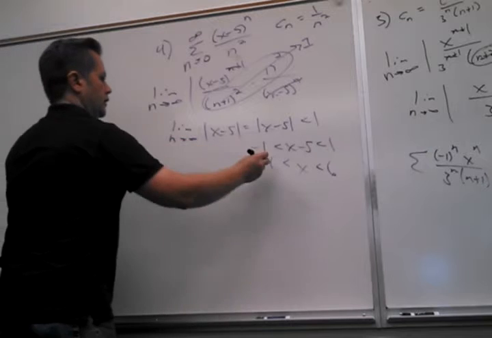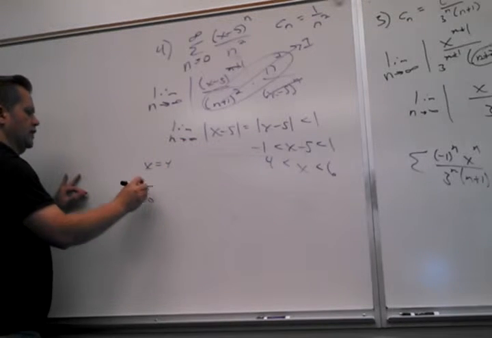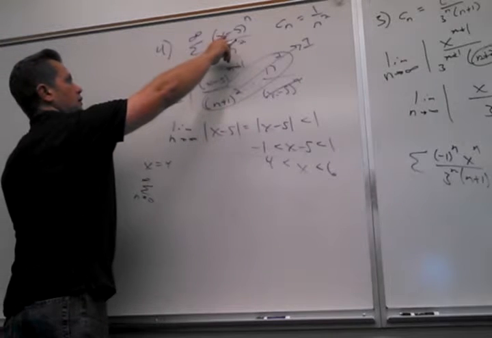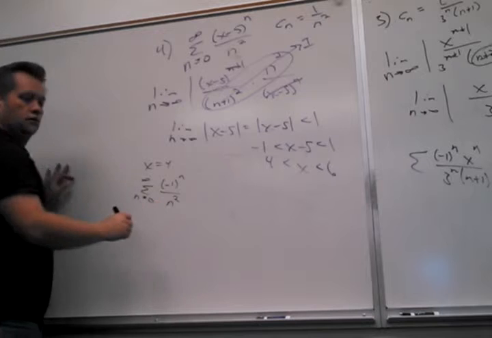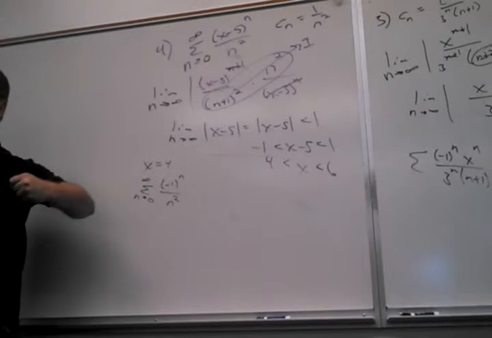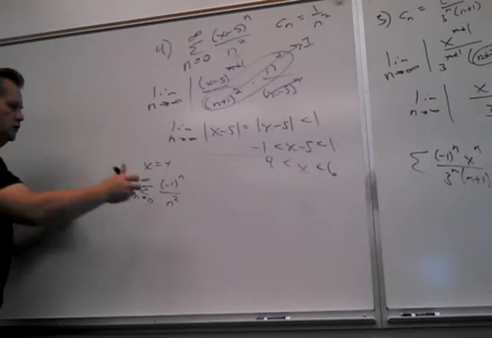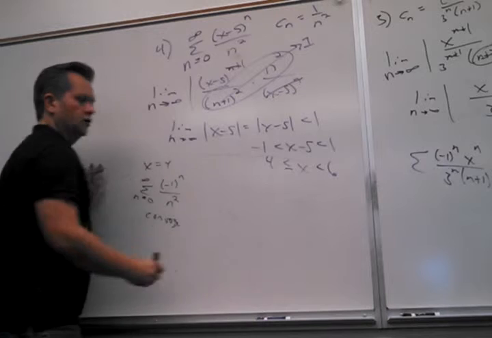So if I let x be 4, I get the sum of (-1)^n over n squared. Well, 1 over n squared already converges, so this absolutely converges. It's going to converge. So what do I want to do with 4? Good. I want to include it.